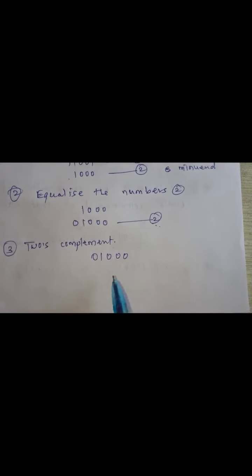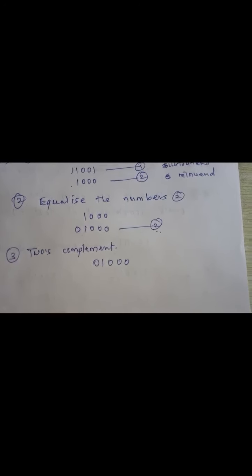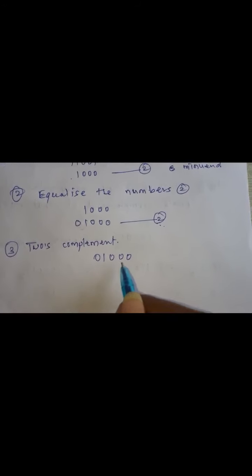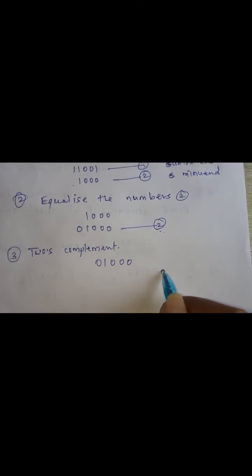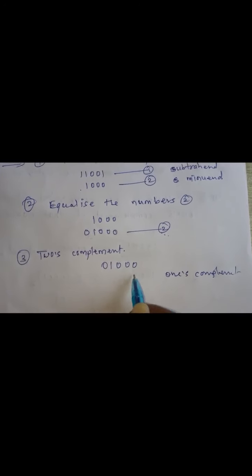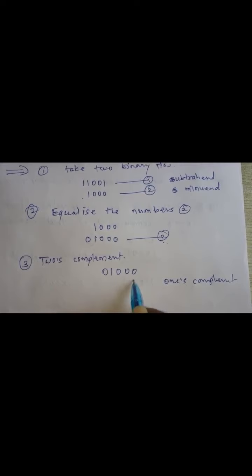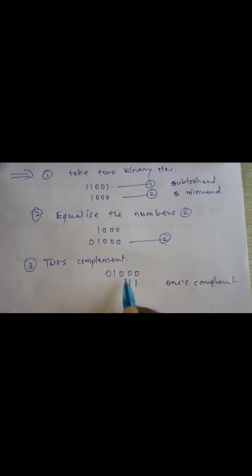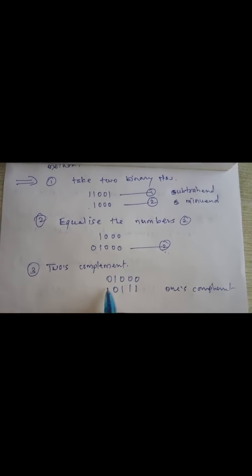First we have to convert it into 1's complement, then into 2's complement. How do we get the 1's complement? Just change the digits: 0 to 1, 0 to 1, 0 to 1, 1 to 0, 0 to 1.